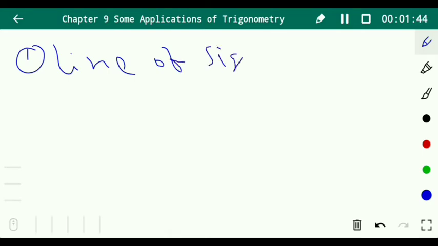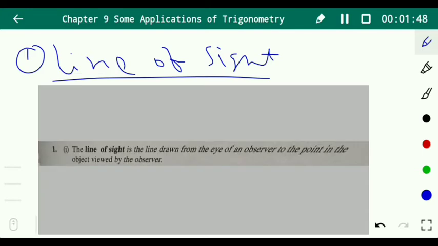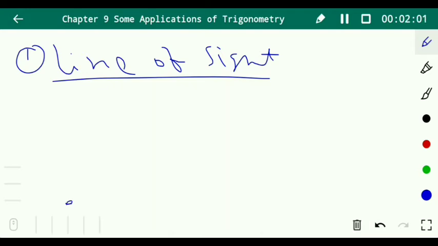So first we have to start with line of sight. The line of sight is the line drawn from the eye of an observer to the point in the object viewed by the observer. Suppose the observer is here and the object is on the ground, below the horizontal line.